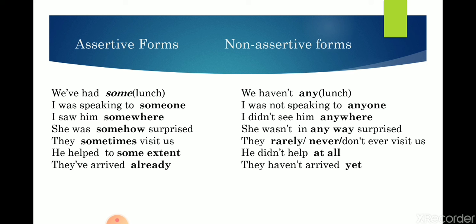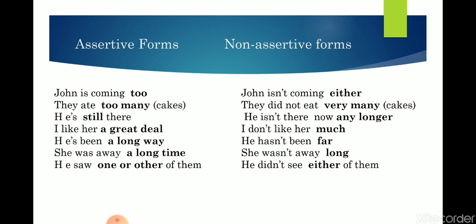So these words are used in the way that we see here in these sentences. The same here with the words too many, still, a great deal, a long way, a long time, one or other. These are assertive. And either, very many, any longer, much, far, long, either: these are non-assertive words or non-assertive forms, so we cannot use them with positive sentences.